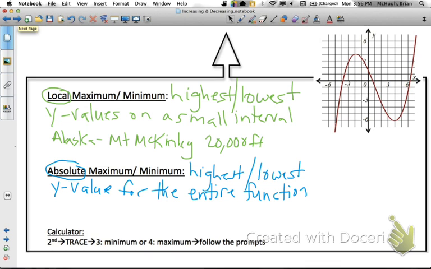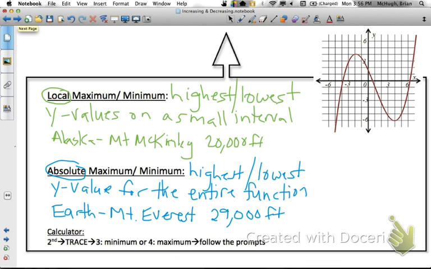Thinking back to our example, Mount McKinley in Alaska is not the highest point for the entire world. Think the whole Earth. That belongs to Mount Everest at just over 29,000 feet, the highest point on the Earth. So there's no higher point than the absolute maximum.